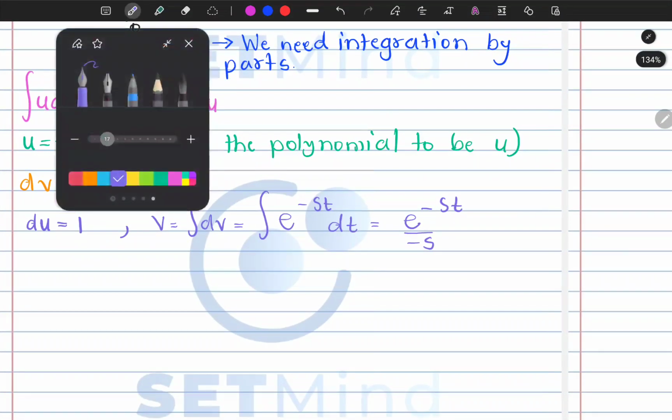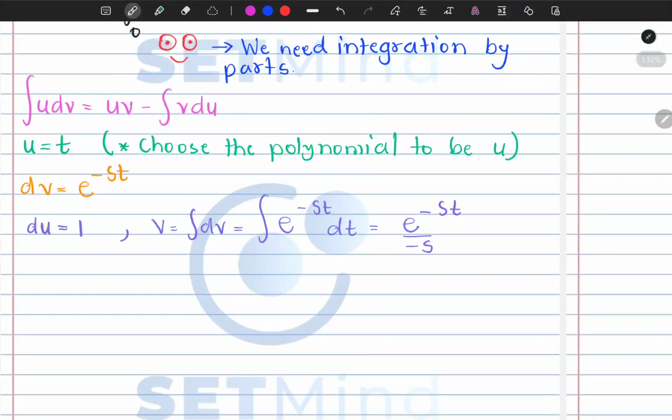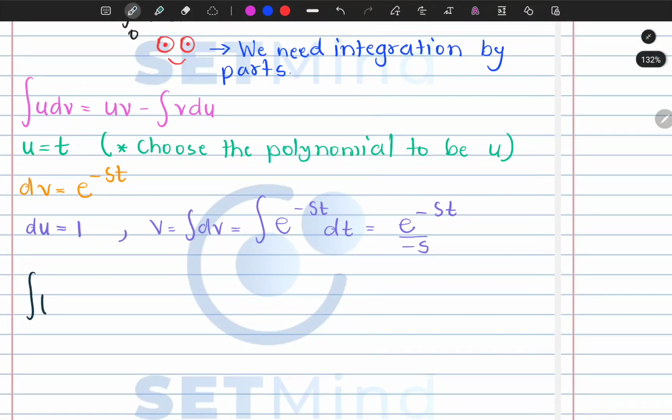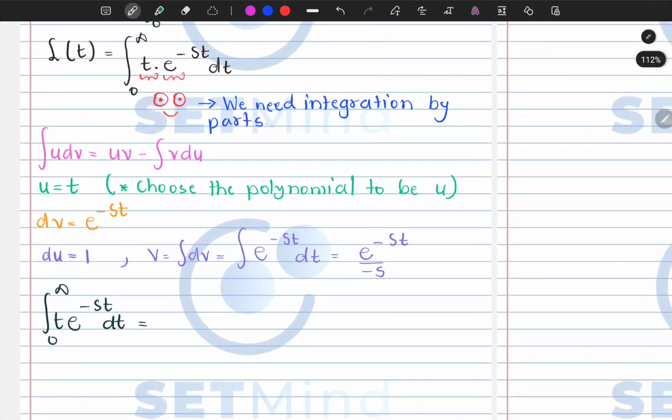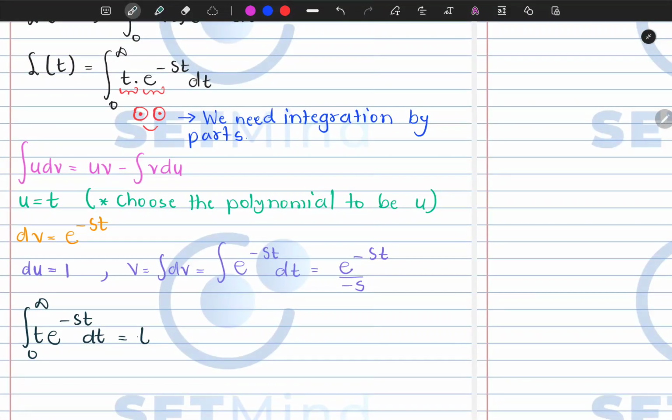Okay, so let's go ahead now and plug this into our formula. So it means that when we are integrating t, e to the negative st, 0 to infinity, and then dt, don't forget, our answer will be u times v. So our u, if you look above, is t. Our v is e to the negative st divided by negative s.